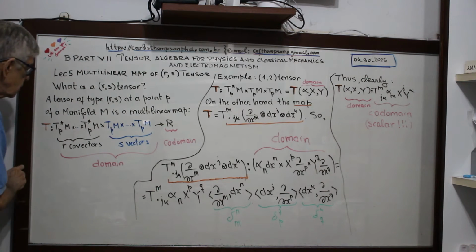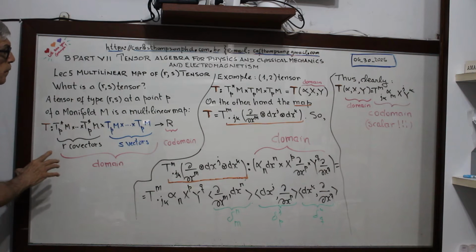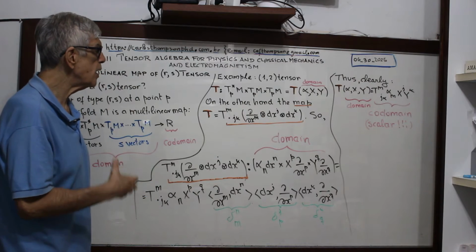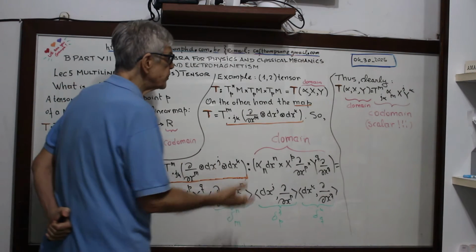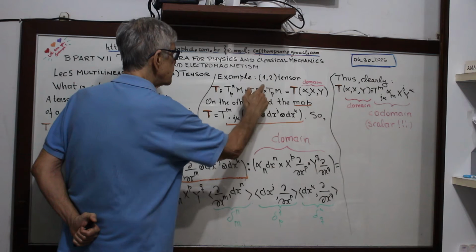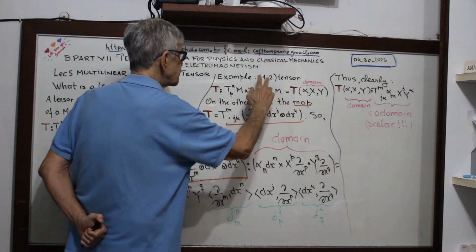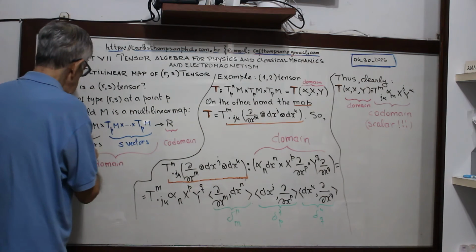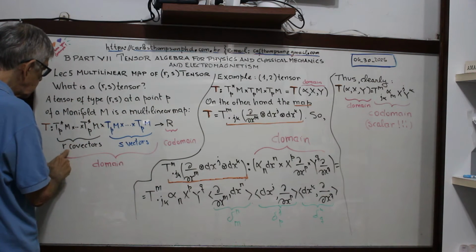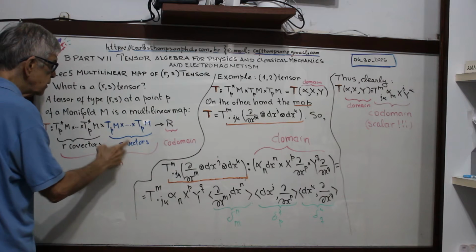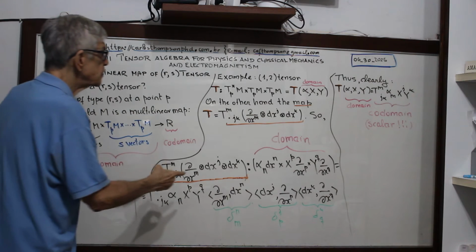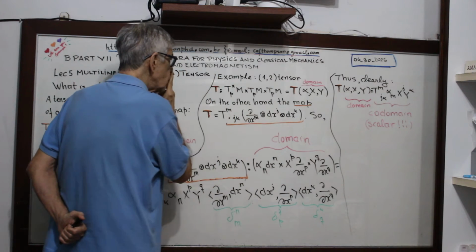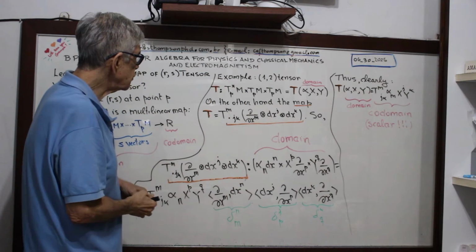Let me give you an example, just for clarity. Let's take the example 1 and 2. So here R is 1 and S is 2: one covector and two vectors. Now, there is a trick here.